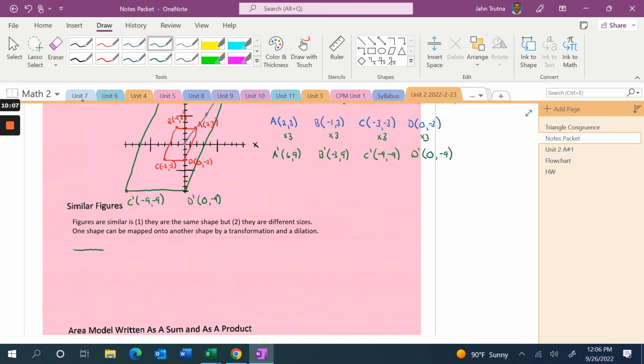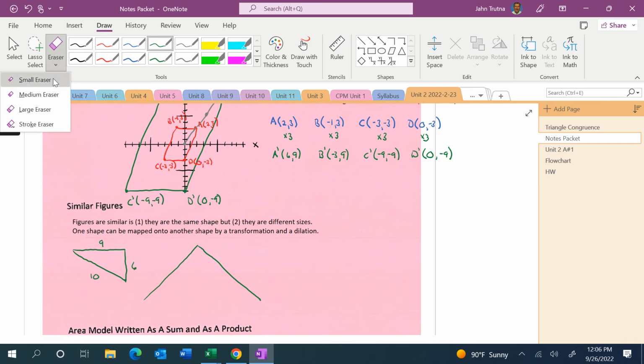So, I'm going to use the example of triangles. So here we have a triangle. Now this triangle may or may not be a right triangle, even though it looks like it could be a right triangle. Without the right triangle markings, we have to assume that it is not. But the sides of this triangle are 6 and 9 and 10. And then we have another triangle which is clearly larger than the original triangle.